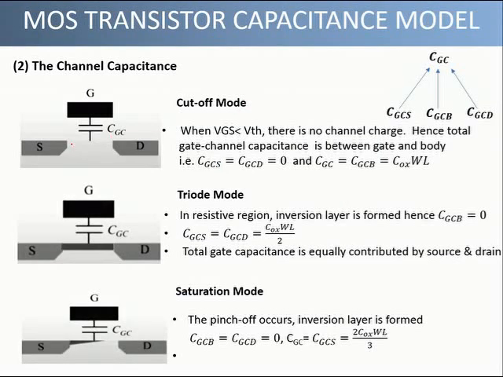In cutoff mode, we have no channel present between source and drain. Consider an NMOS transistor. We have a large number of free electrons in the metal gate. Then we have an oxide layer which acts as a dielectric, and then we have a depletion region over here because there is no channel present between source and drain.